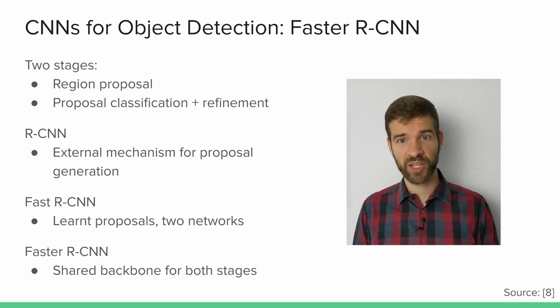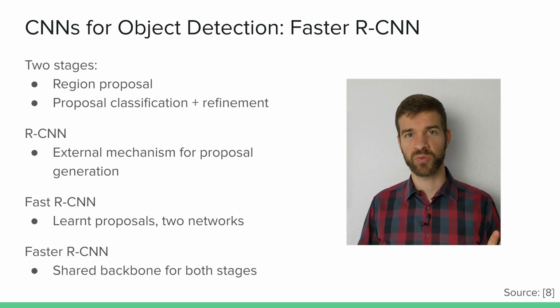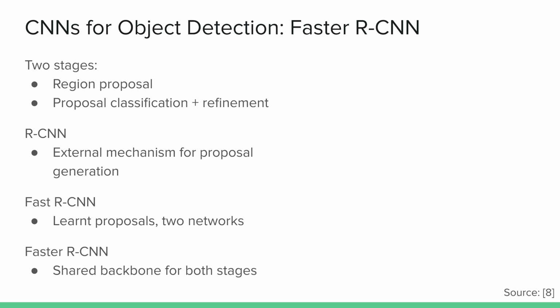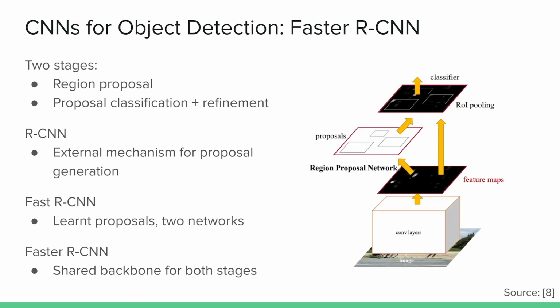So we have one neural network and that has a so-called shared backbone for extracting features. And then we have the following architecture where we extract region proposals. That's our first head that takes these feature maps and produces these region proposals in the output.